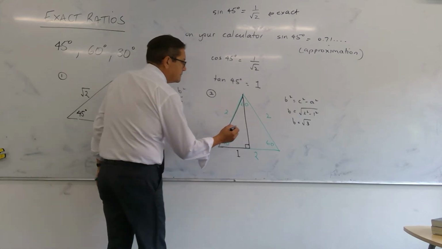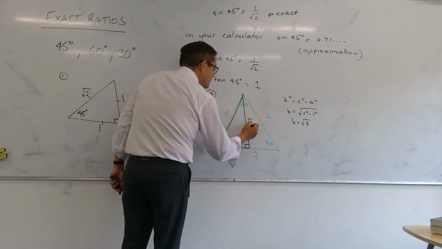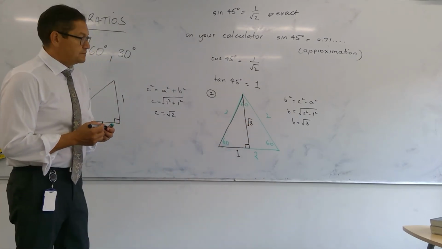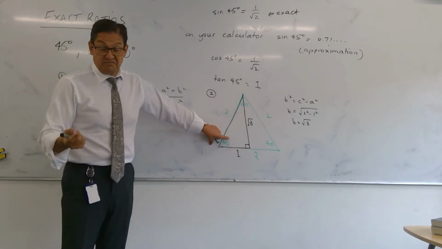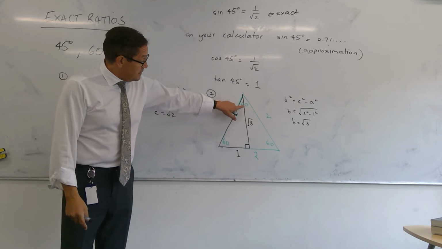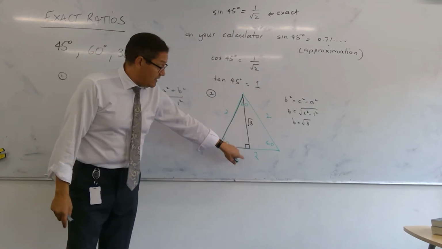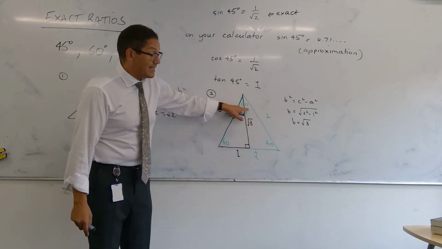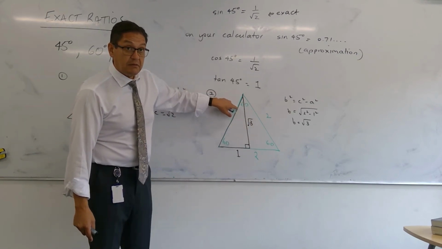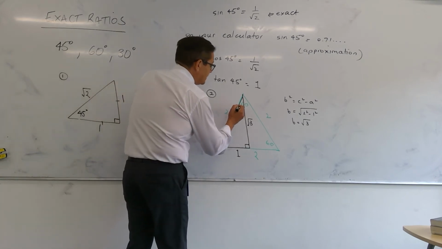So this turns out to be square root of 3. But not only that, see how this was 60? Okay, fair enough, that's 60. You see how I cut this in half and this became 1 and that became 1? I also cut this angle in half. So this now is 30.